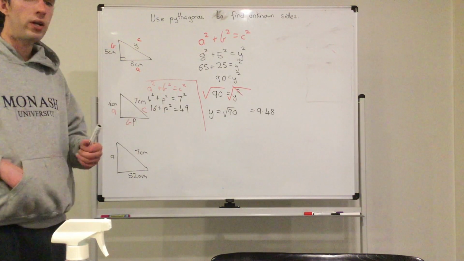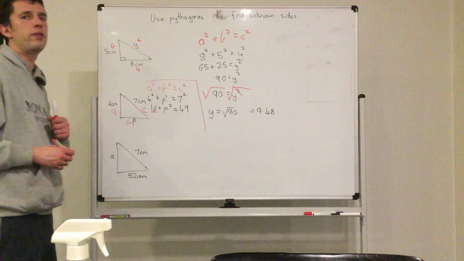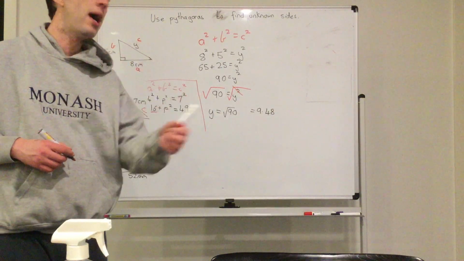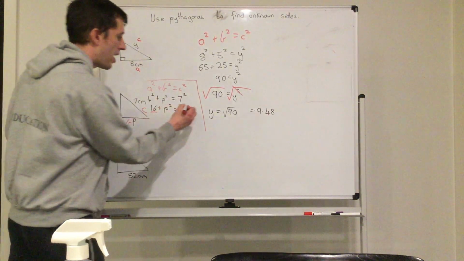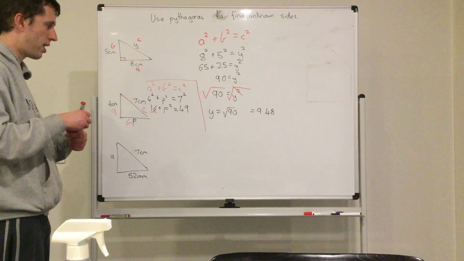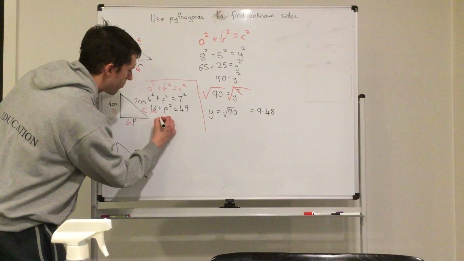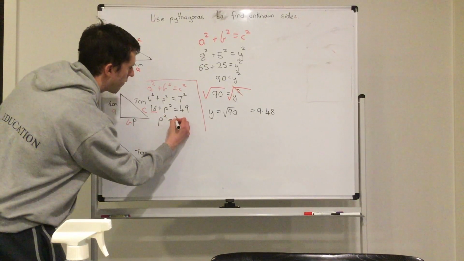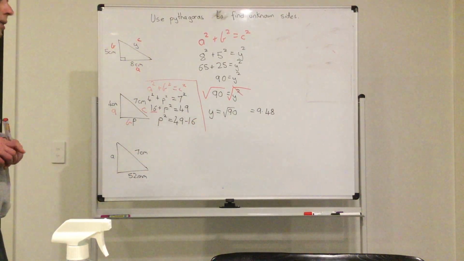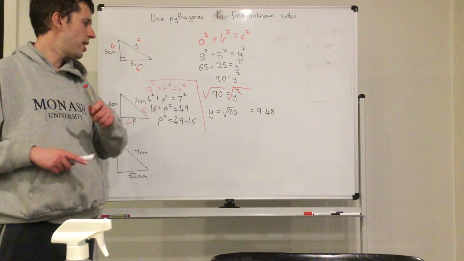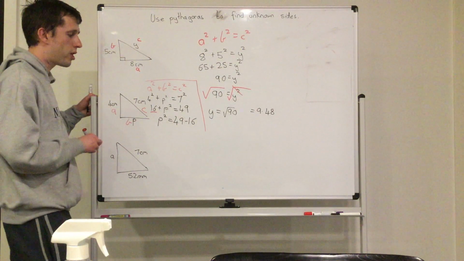So the first thing I'm going to do is looking at this 16. What's the opposite of plus 16? Minus 16. So if I minus 16, this cancels out, and I'm minus 16 on the other side. And it becomes 16 take 16 equals 0. P squared equals 49 take 16. 49 take 16 is 33.